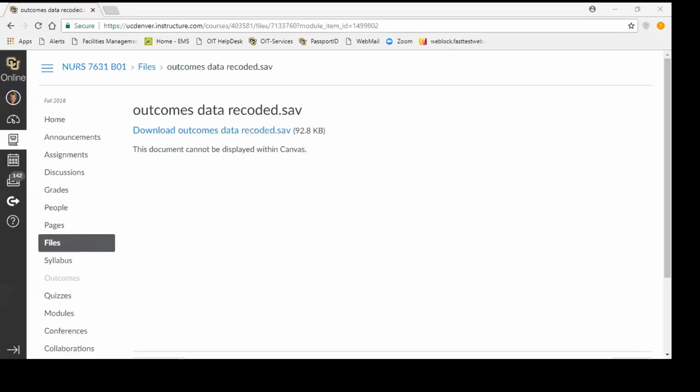Either way works. So you're going to go to Descriptive Statistics, and then go to Descriptives. Everybody with me?